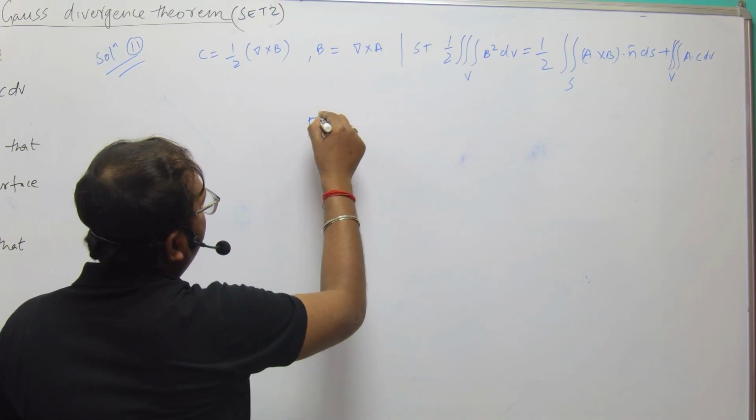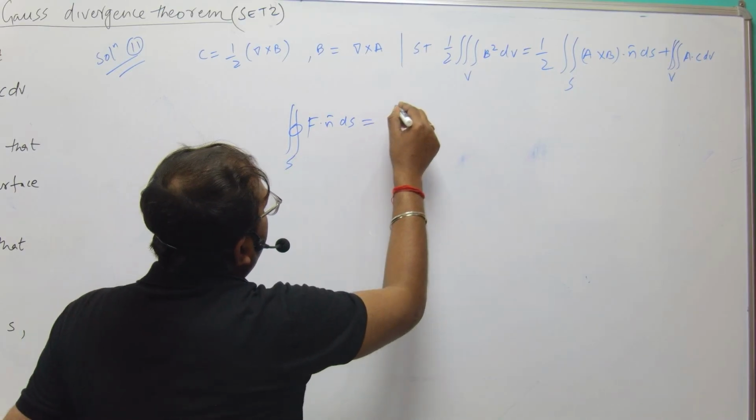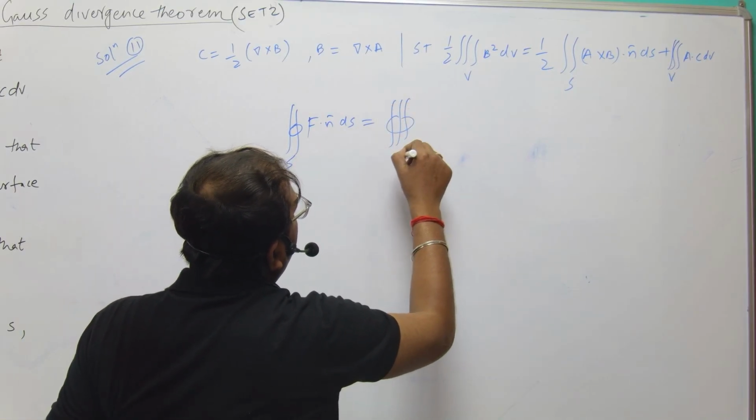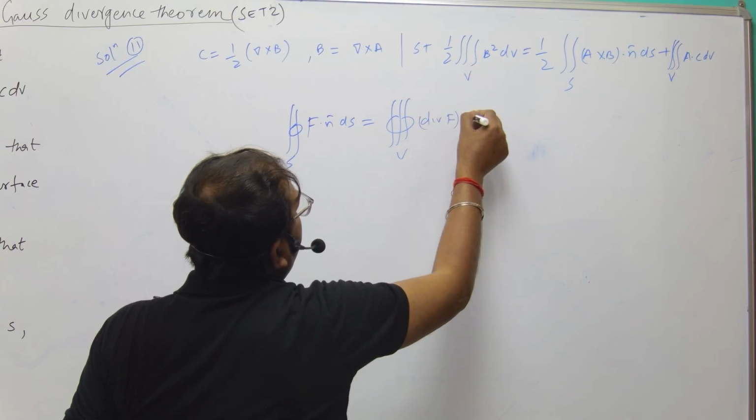We have surface integral F dot n cap into dS along the surface S is equal to triple integration along volume V of divergence of F dV.